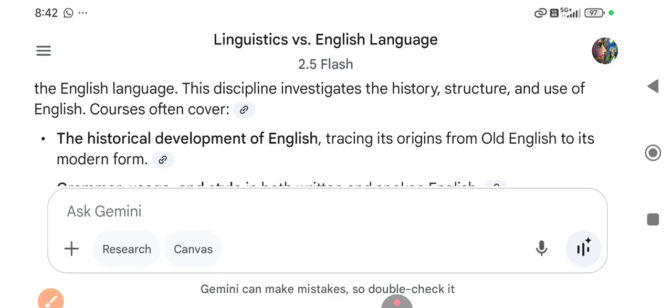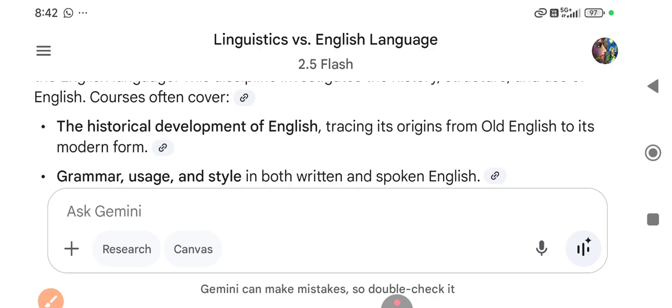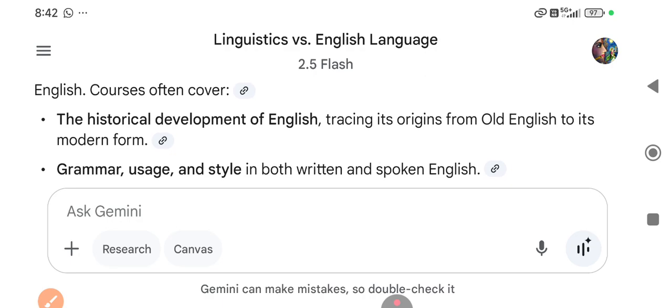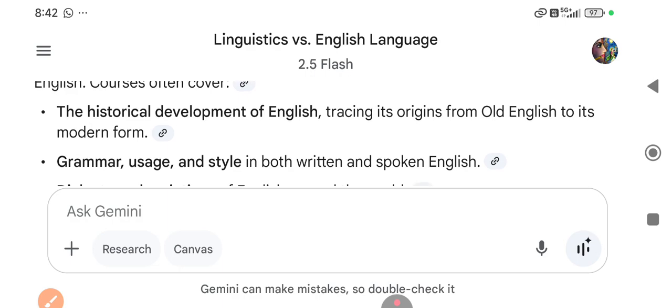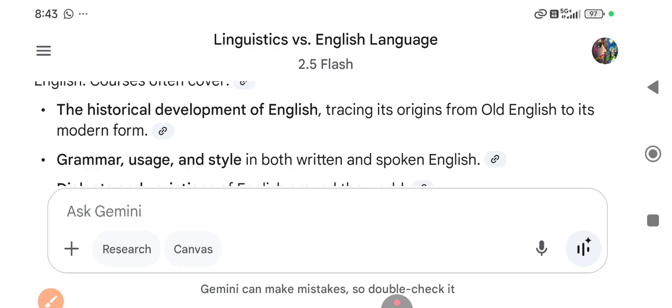Now, courses often cover the historical development of English. Suppose I am learning English, then I have to learn the historical development of the language, meaning what happened in Old English, then Middle English, then Modern English, tracing its origin from Old English to Modern English.